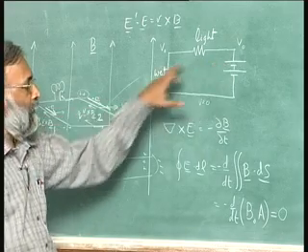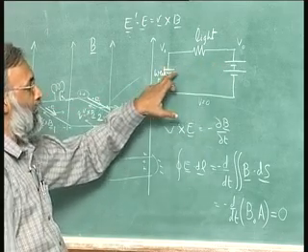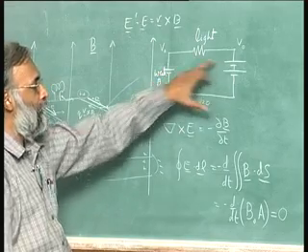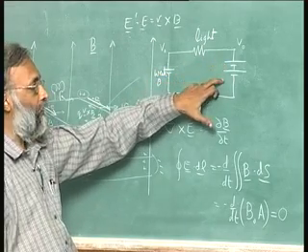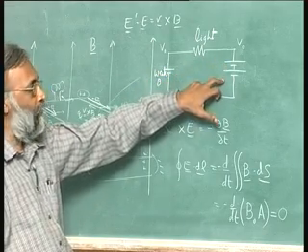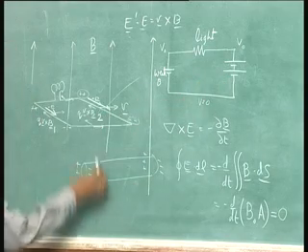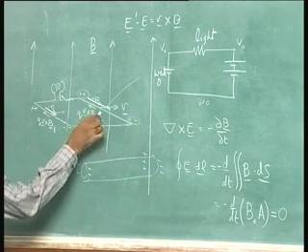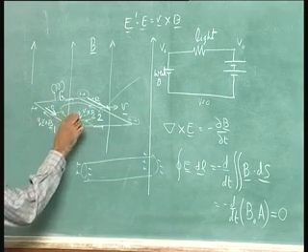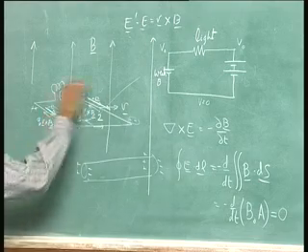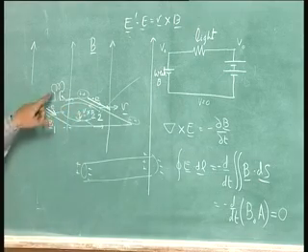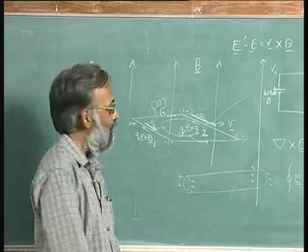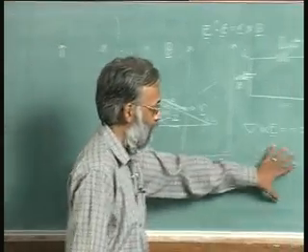If you have a strong battery and a weak battery, obviously part of the EMF is going to get cancelled out, but part will be left, and because of the part that is left, current is going to flow. The current, of course, is in the opposite direction of the flow of electrons. So, the current flows this way and the lamp will light. Can we understand it from this point of view?